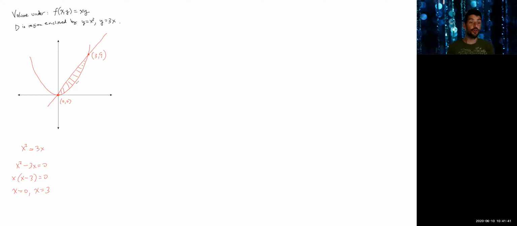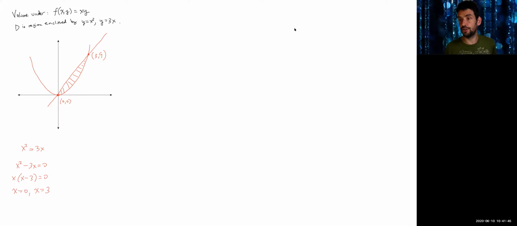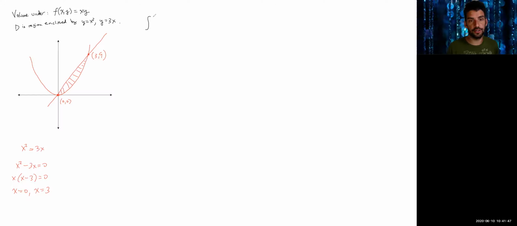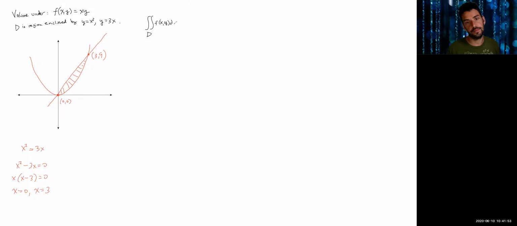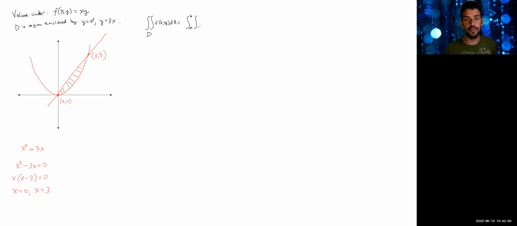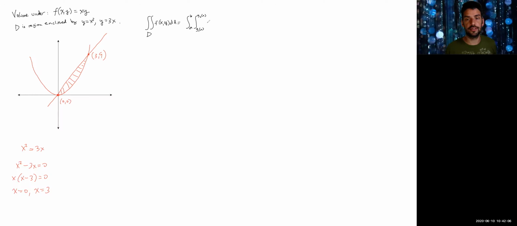Okay, so now we can go ahead and use our rule, right? If we want to integrate over the region D, we can think of this as going from what are our bounds on x and what are our bounds on y in terms of functions of x.